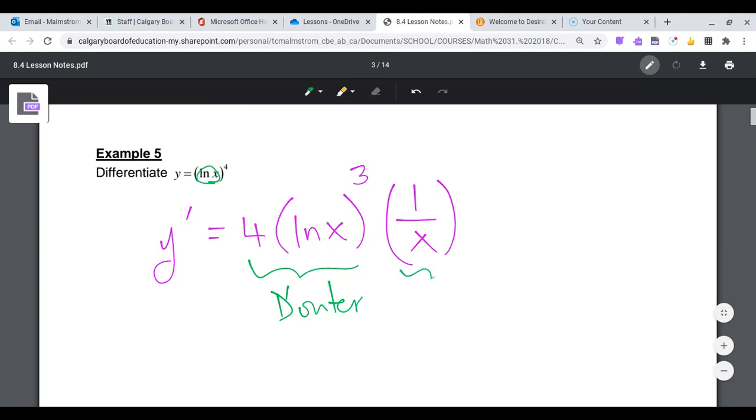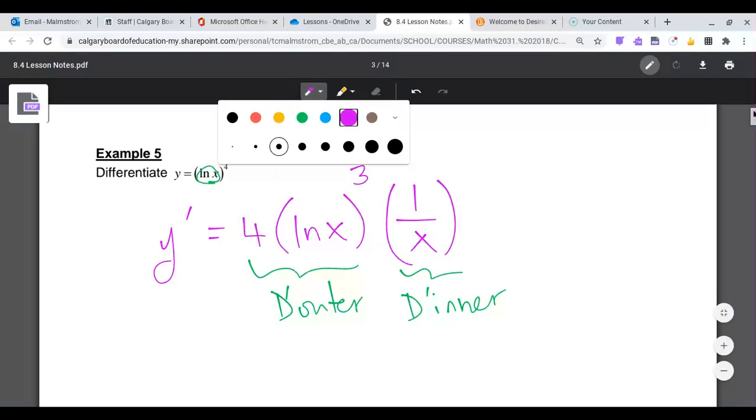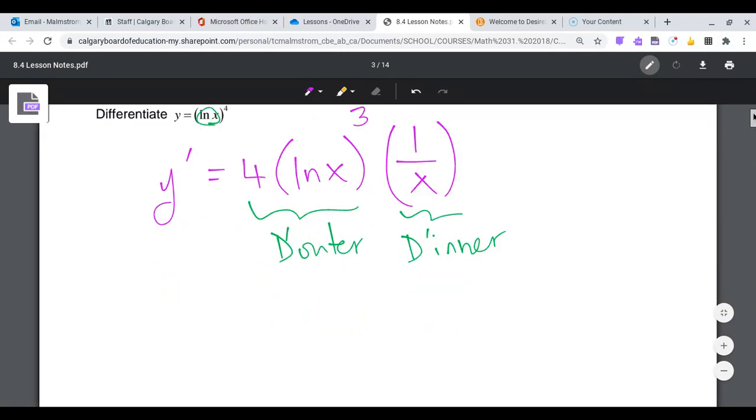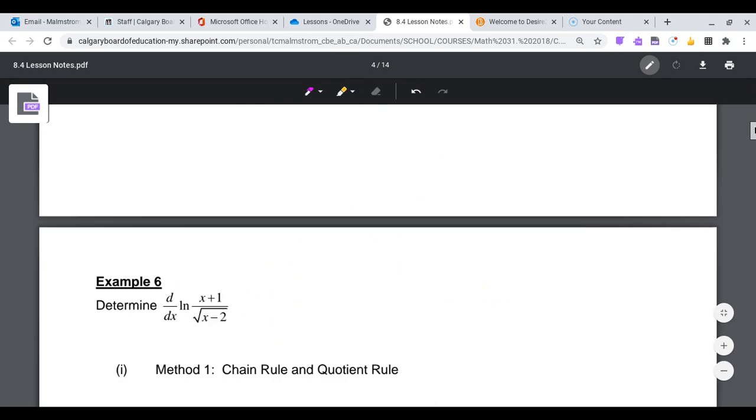And then we would say, could we tidy this up in any way? Well, not particularly. There is a different way we could write where that 3 goes. So we could write this as 4 ln cubed x, all over x. So there's not a lot we could do with that one.